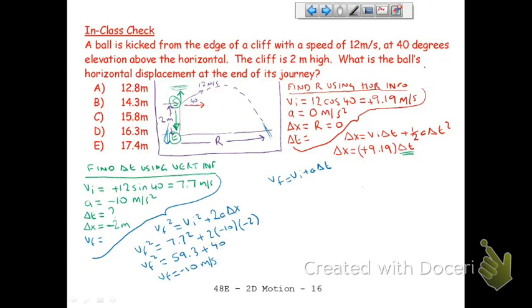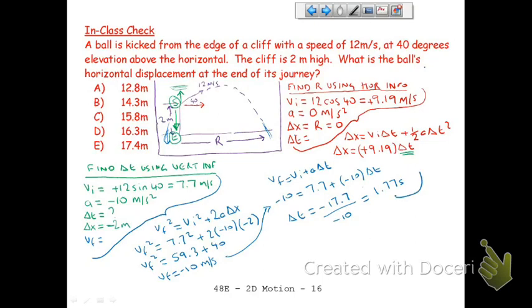And then you go, well, in that case, minus 10 is equal to VI, 7.7, plus A, minus 10 times delta T. So delta T is equal to minus 17.7 over minus 10, which equals 1.77 seconds.